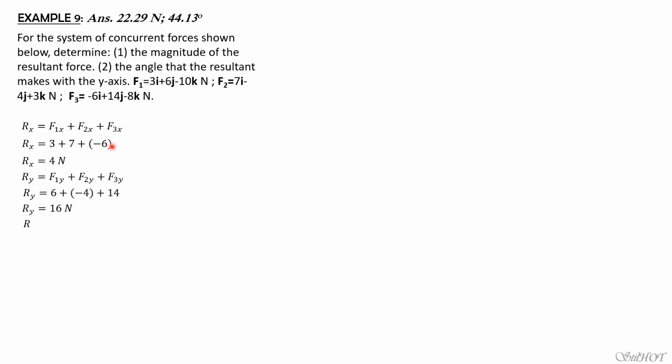Then Rz is F1z plus F2z plus F3z, or summation of forces along z. So that would be negative 10 plus 3 plus negative 8, so that would be negative 15. So R, the resultant, in vector form is equal to 4i plus 16j minus 15k newtons.